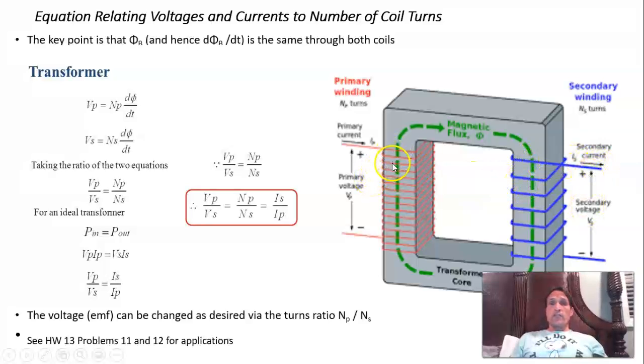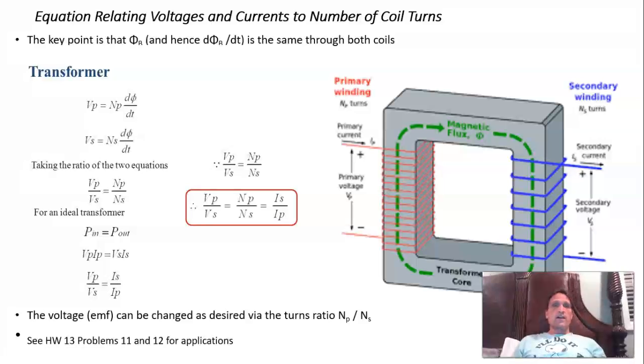Based solely on the number of turns in each coil, that can be used to design a transformer which either steps up or steps down the voltage by a given factor. In this case it steps down the voltage, because the output voltage from the secondary is smaller than the input through the primary.